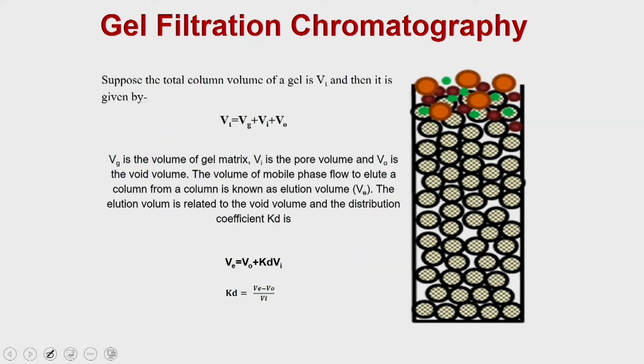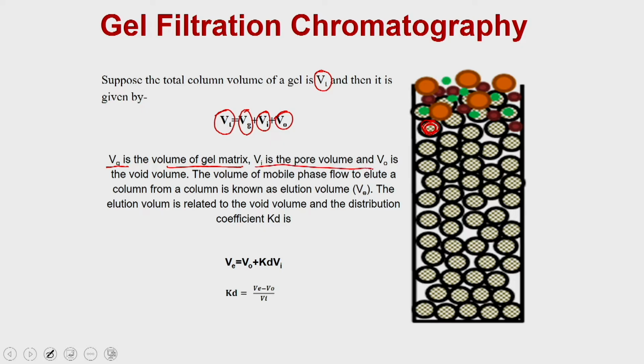Now, suppose you are preparing a column and the total volume of the gel you have used is called Vt. Then the Vt, which is the total volume of the column, is equivalent to Vg plus Vi plus Vo. Vg is the volume of the gel matrix, which means the volume of these beads.